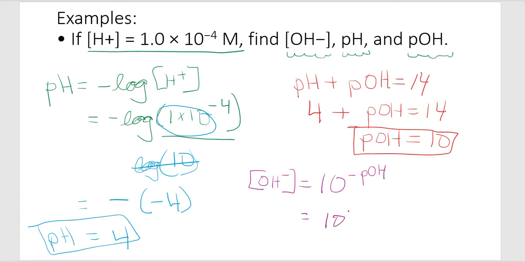So we have 10 to the negative 10. If you plug this into your calculators, and please do plug this into your calculators, you will find that it's 1 times 10 to the negative 10. And our concentrations, remember brackets, it's going to be molarity. Right, so anytime you see brackets, that's concentration, means molarity, moles over liters.